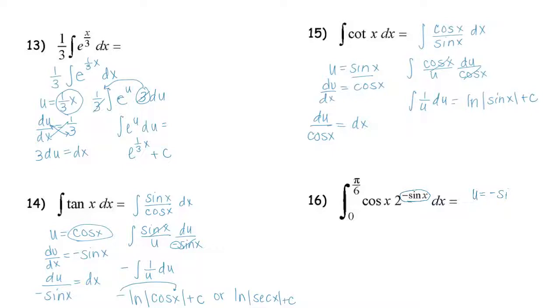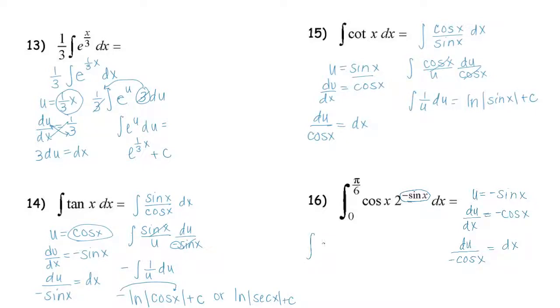We have u is negative sine x, so du dx is going to be negative cosine x. And solving for our dx, we have du over negative cosine x equals dx.